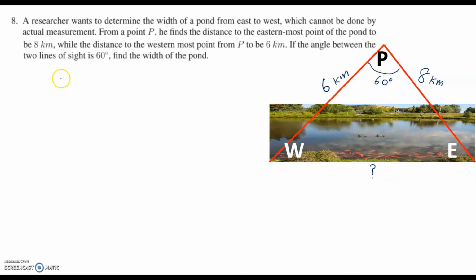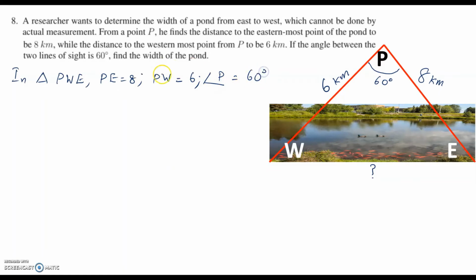So this is a triangle. In triangle PWE, PE is equal to 8, PW is equal to 6, and angle P is equal to 60 degrees.